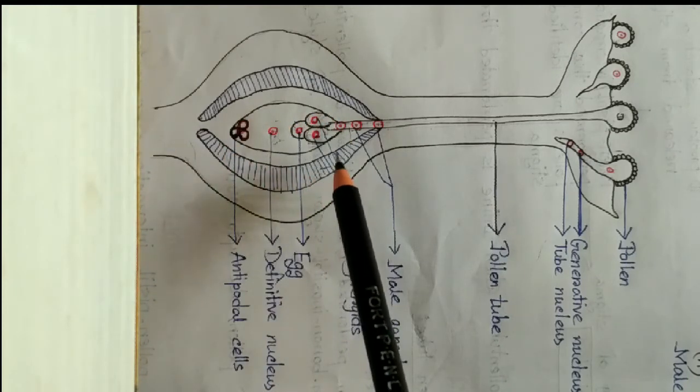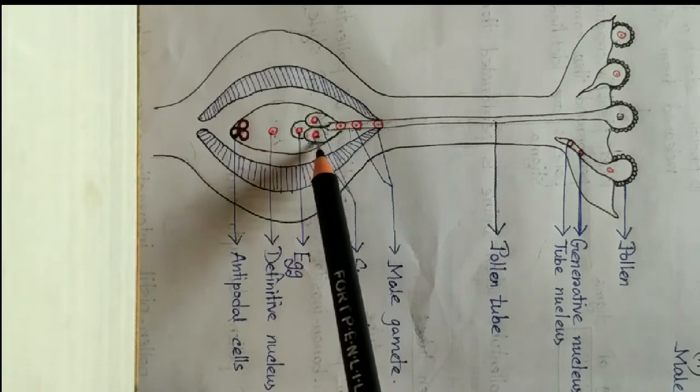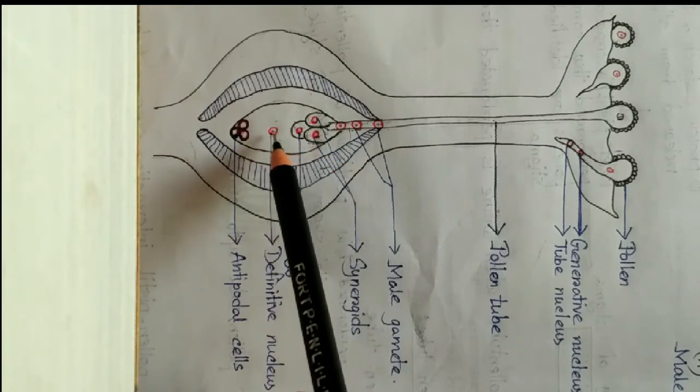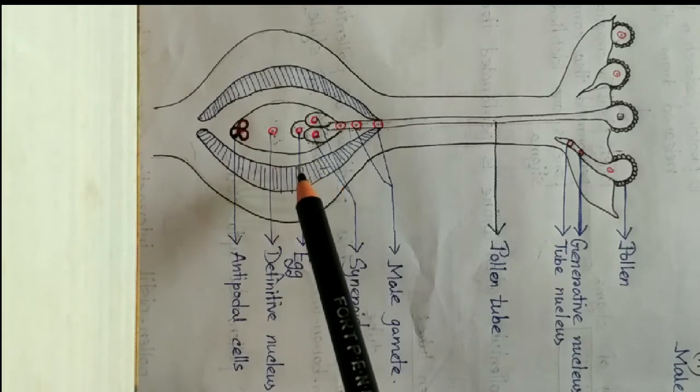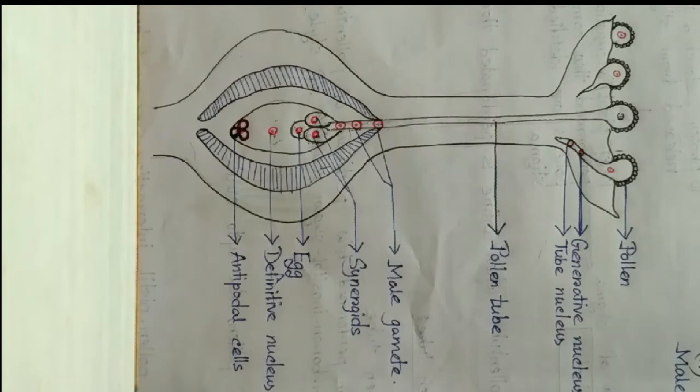And if endosperm is formed, by fusion of one male gamete and the definitive nucleus, then it is 3n, triploid in nature. So here is the fertilization of flowering plants, and the double fertilization procedure was discovered by scientist Nawaschin in Lilium plant in the year 1898.